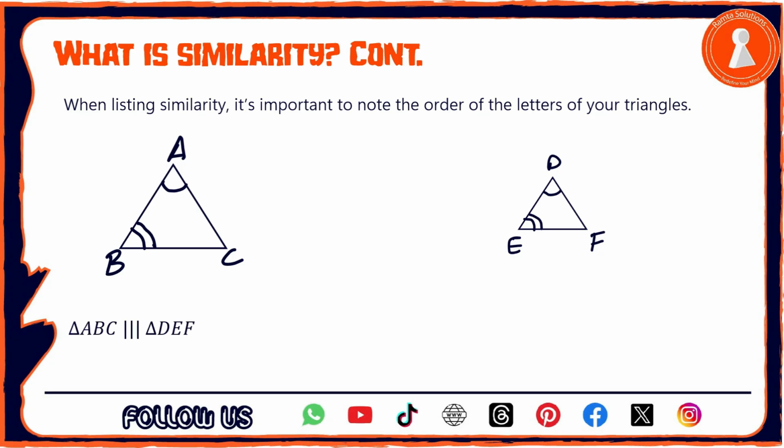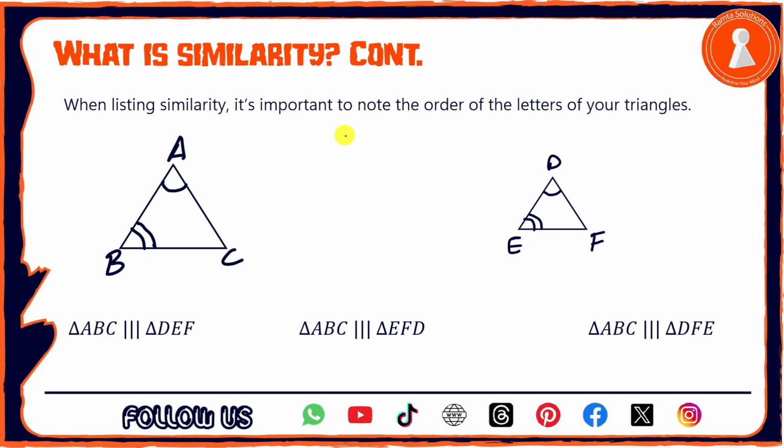So let's say this is the information we have. Looking at these two triangles, one person says triangle ABC is similar to triangle DEF. Another person says triangle ABC is similar to triangle EFD. That's interesting. And then another one says triangle ABC is similar to triangle DFE. Remember, you look at this information here.